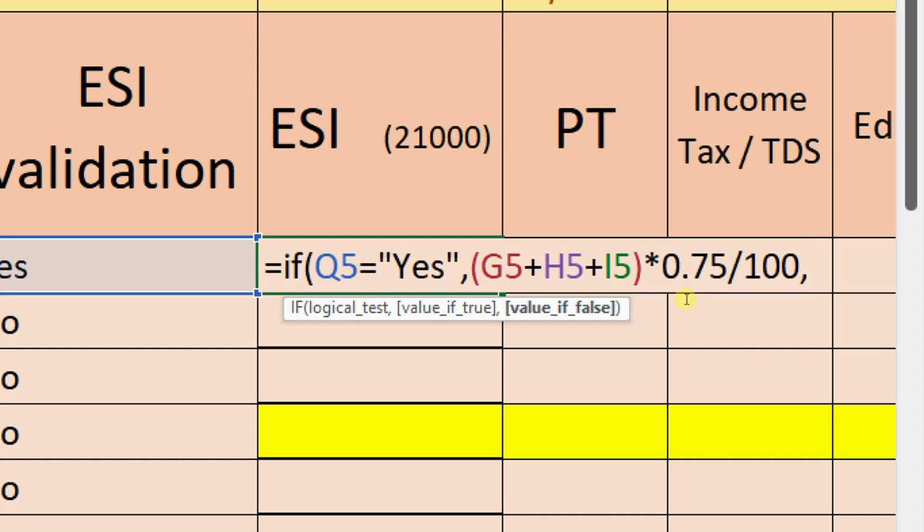If it is yes, calculate 0.75%. If it is not, give me what? 0, close the bracket. That's the formula. If Q5 equals yes, on basic plus DA plus HRA, give me 0.75%. If it is no, give me 0 directly.